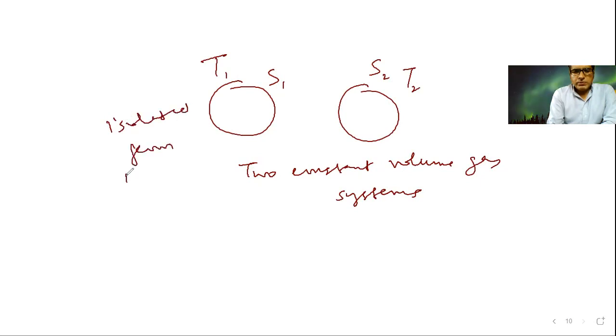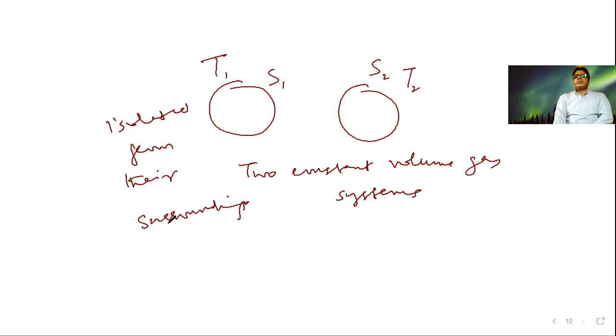Isolated from their surroundings. I repeat, two constant volume gas systems, S1 and S2, at different temperatures T1 and T2. They are isolated from their surroundings. That means their temperature, whatever it is, will stay constant.